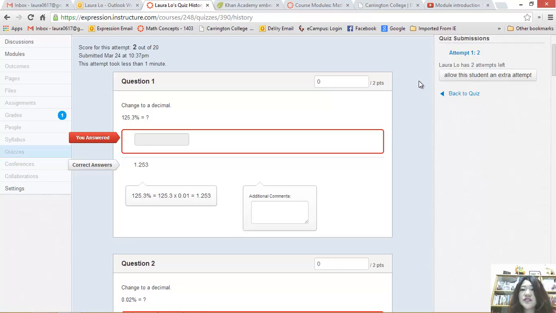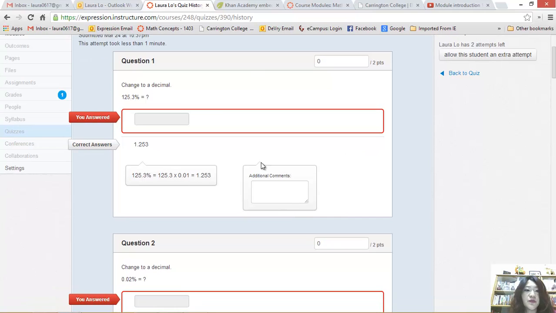Why? After you submit your self-review, each question has the solution here. So if you don't know how to change a percentage to a decimal, here I show you: you just multiply by 0.01. That means you drop the percent notation and move the decimal 2 digits to the left.